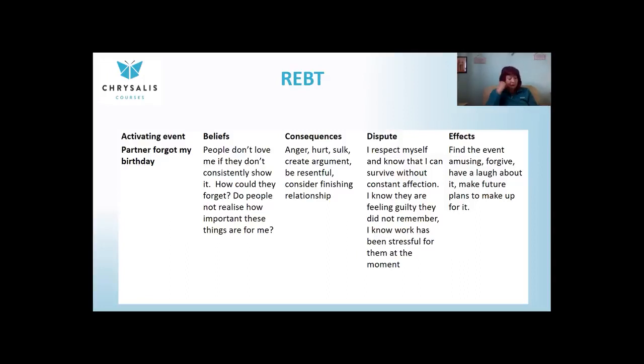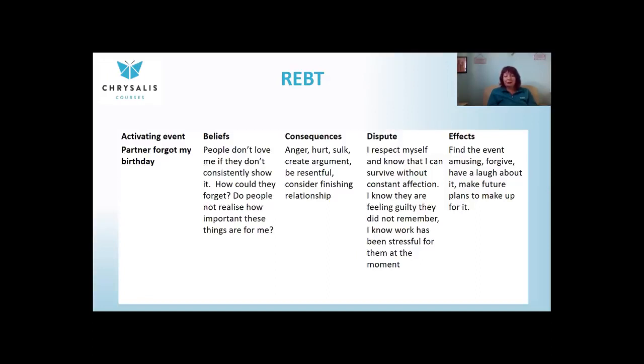And number two is that certain acts are awful or wicked and that people who perform them should be severely damned. Rather than realising that people act in antisocial and self-defeating ways and that maybe they need help, the way they're behaving is stupid. But those behaviours do not make people bad.